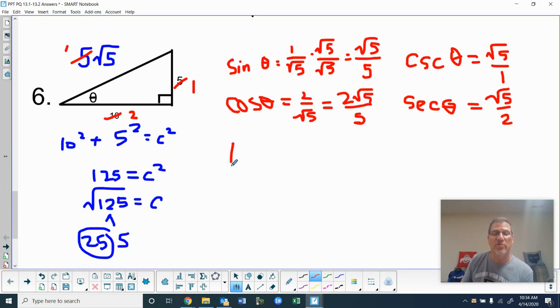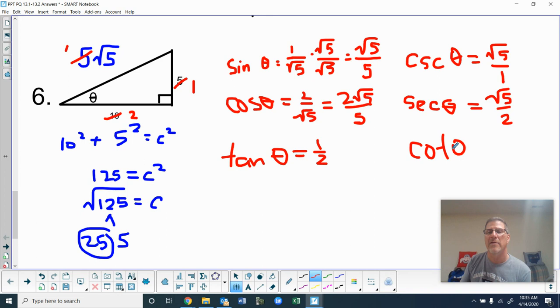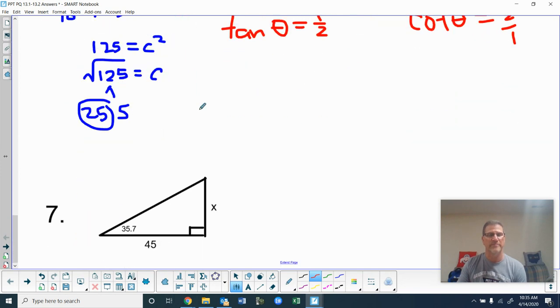And then tangent, TOA. Opposite over adjacent. Opposite of theta is 1. Adjacent to theta is 2. And then cotangent would be the reciprocal of that, which is 2 over 1. So again, if I can see a common factor for my 3 sides, I like to reduce it before, then I don't have to worry about reducing it later. So there's number 6. 1 and 6 are very similar.